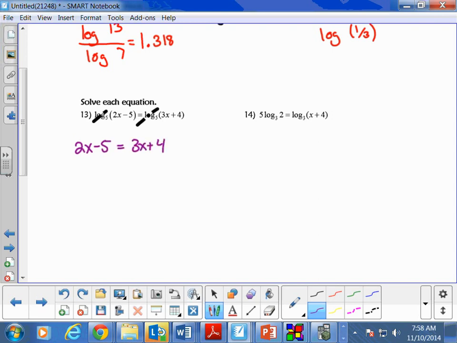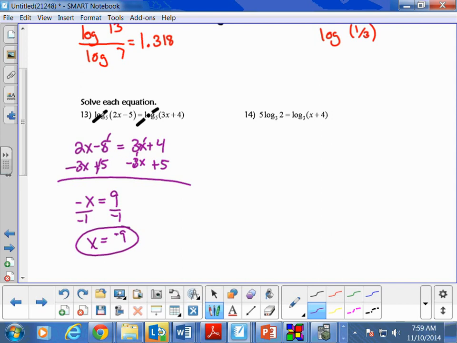Solving, I get numbers on one side, x's on the other. Negative x is equal to 9, which means, dividing by negative 1, x is equal to negative 9. So there's your answer for that one.